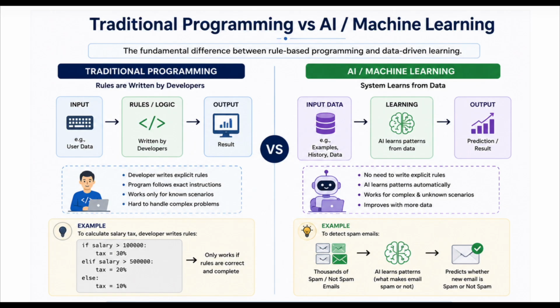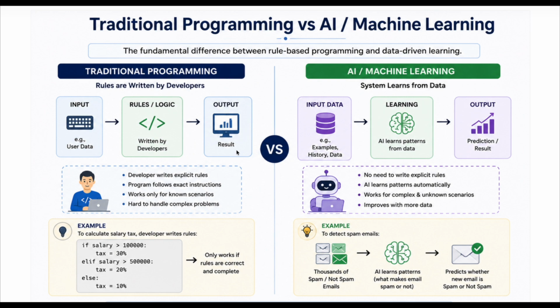Let's first understand traditional programming. In traditional software, developers manually write rules and instructions. The flow looks like this: input, rules written by developer, and output.